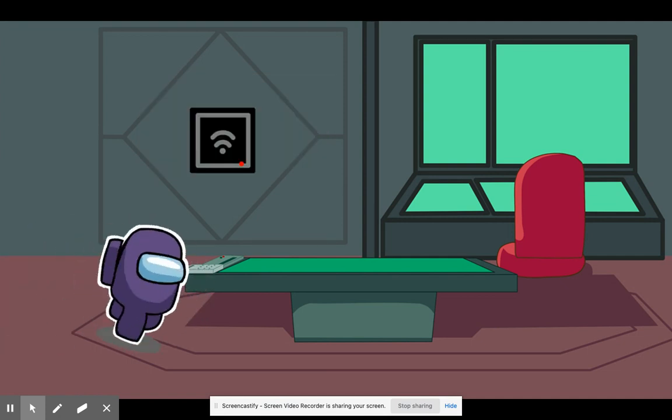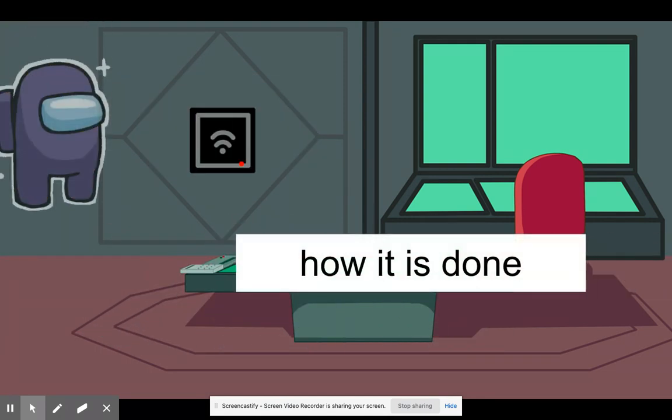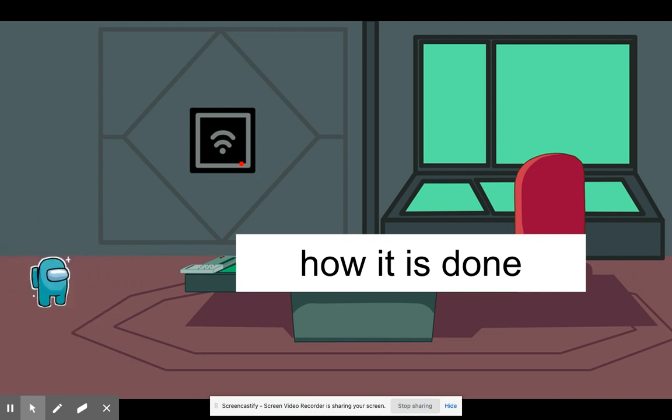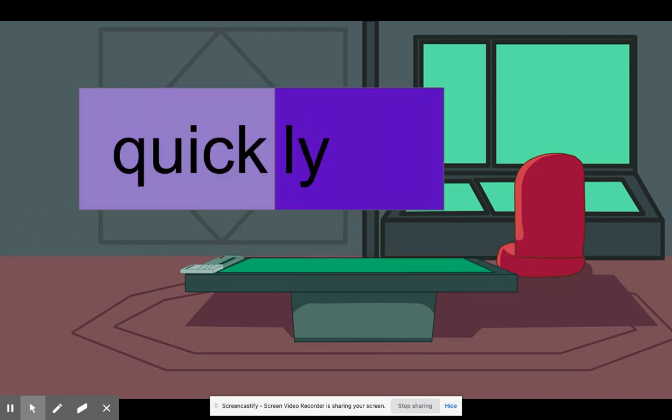Now when you add this to a base word, you are adding the meaning how it is done. So something can be quick, but when you say quickly, you are saying how it is done. So you are adding a slightly different meaning to the word quick. Something can be done quickly.